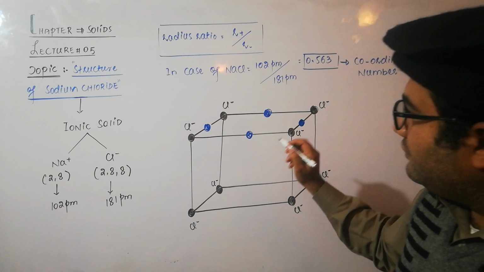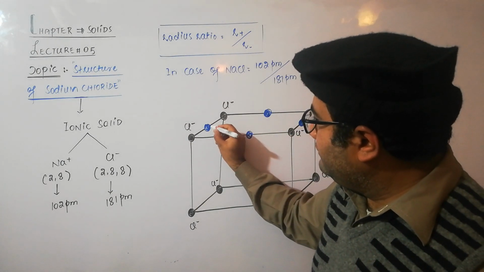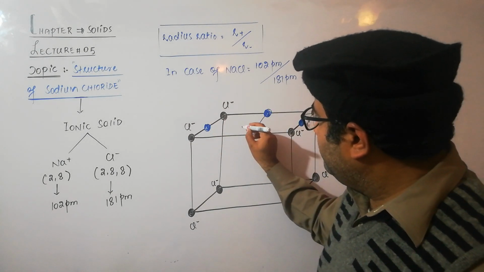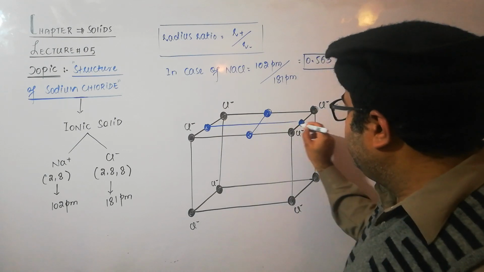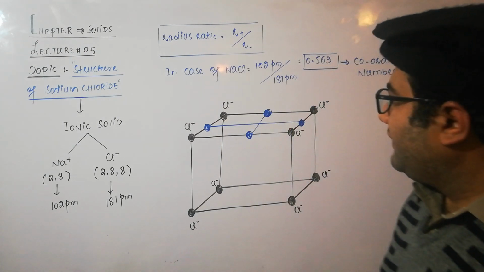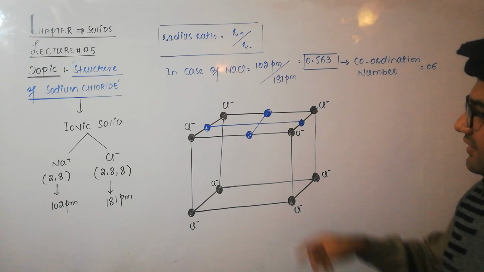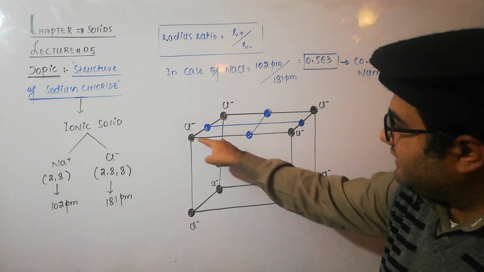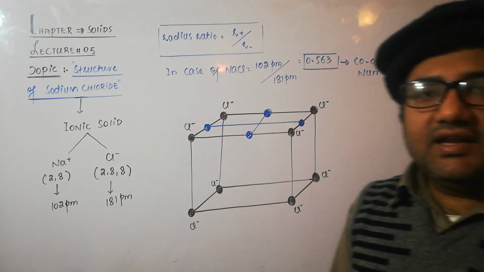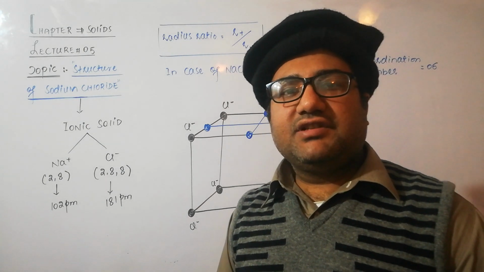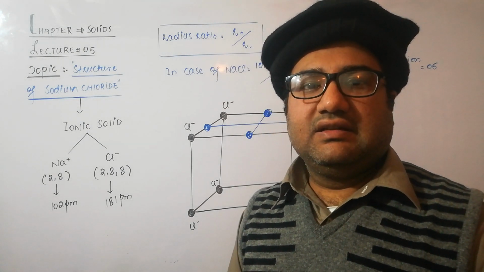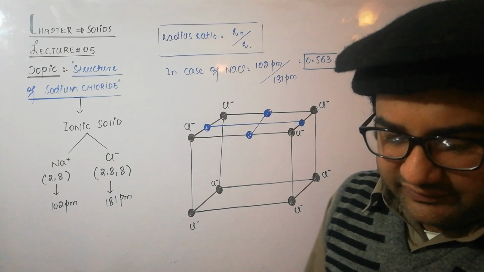After making these 4 sodium ions, now you are required to join them like this. Now this will be the center of this face, and you know that the ions which are shown at the corners, they are also present at the center of the faces.